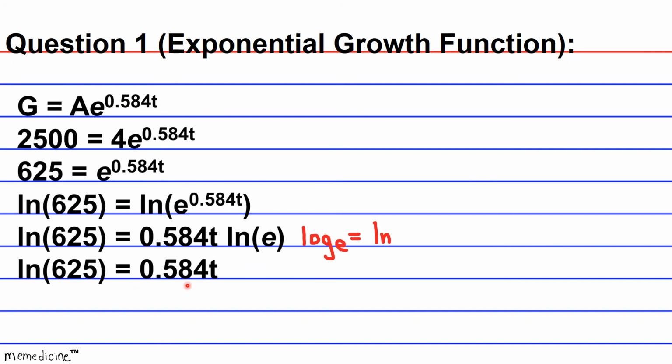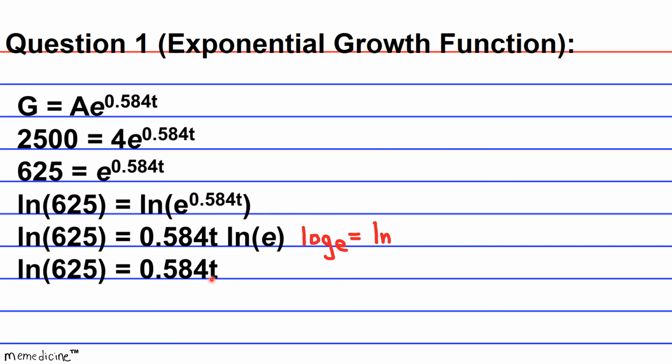Now, in order to figure out how long it will take for the first 4 bacteria to increase to approximately 2,500 bacteria, all we have to figure out is this t. And remember, the question stem asks you to round your answer to the nearest hundredth of an hour.